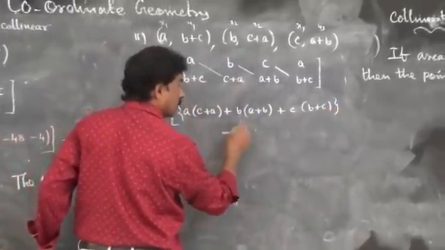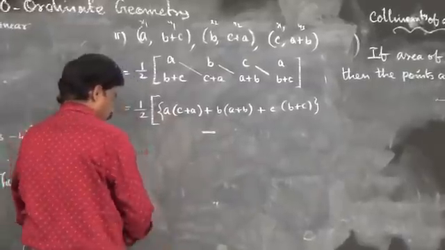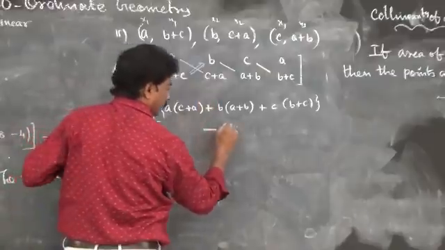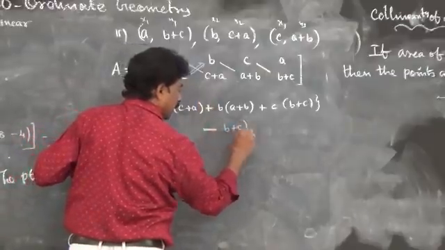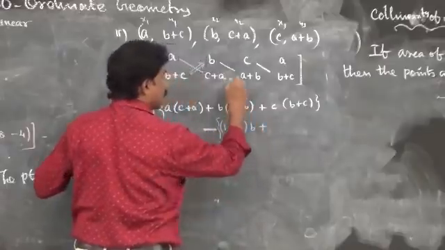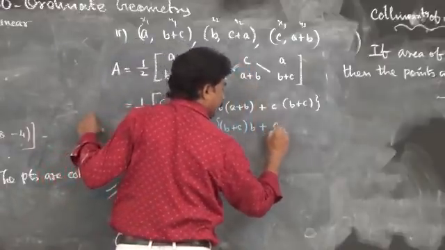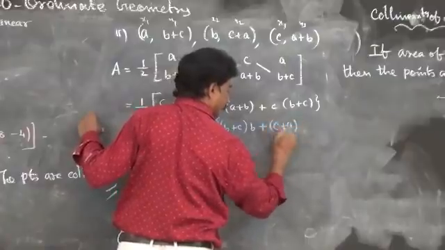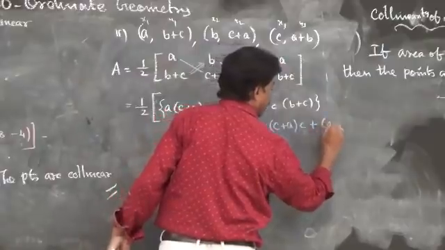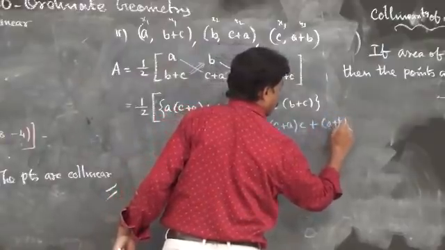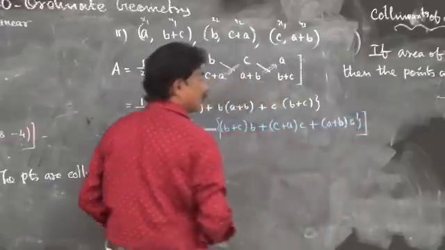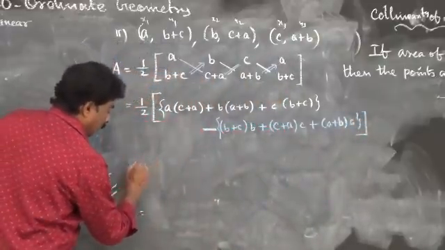Minus, in this direction, B plus C into B, plus C plus A into C, plus A plus B into A. Now when you multiply, we know how to multiply.